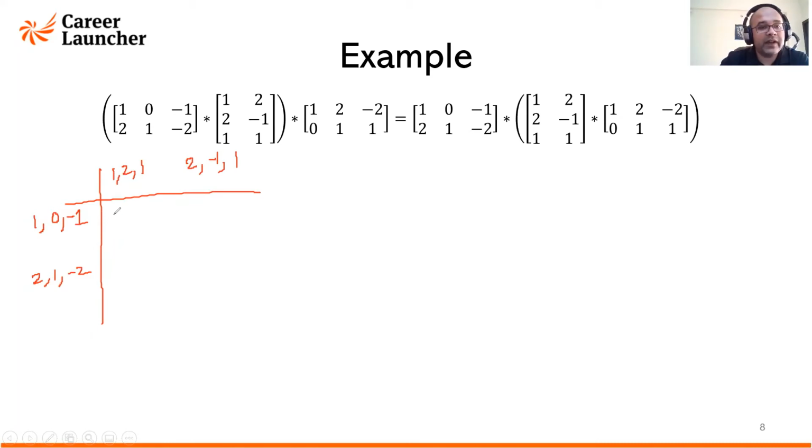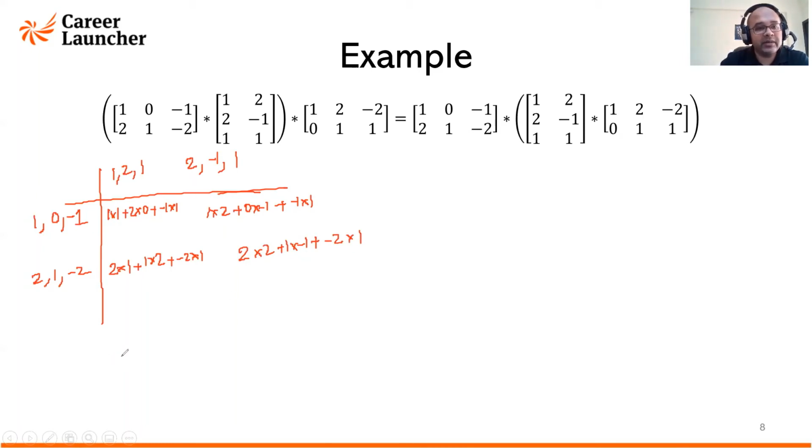So what happens here? 1 into 1, plus 2 into 0, plus minus 1 into 1. Right? So what happens here? 1 into 2, plus 0 into minus 1, plus minus 1 into 1. Similarly, I write the numbers here very quickly. 2 into 1, 1 into 2, minus 2 into 1. And then 2 into 2, plus 1 into minus 1, plus minus 2 into 1.